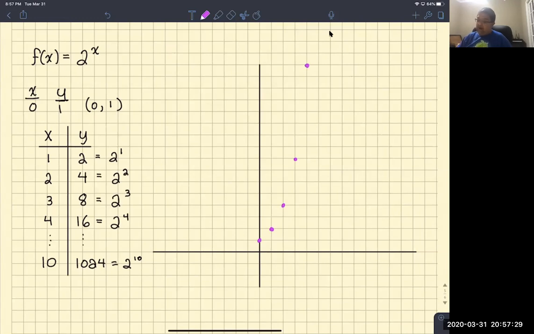So what type of graph are we getting to the right of the y-axis? We get this curve that shoots up like this. Okay. And that's pretty significant because what does this say? That means that when x is 10, y is 1024.